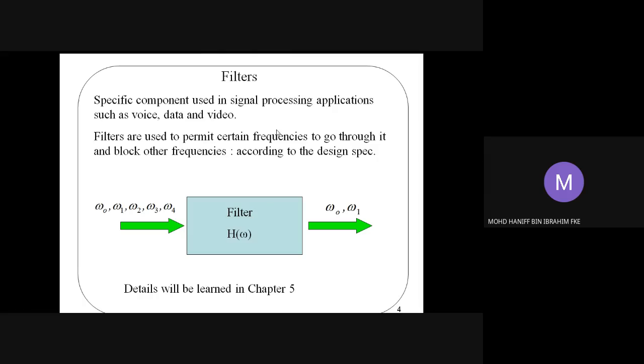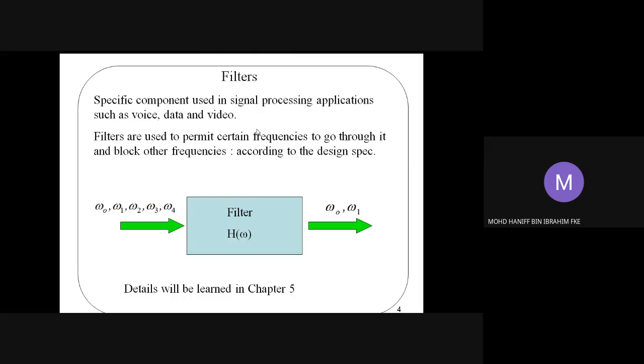Okay, so this is something about filters that I think most or all of you know about. Basically, a filter is a component used in signal processing applications for voice, data and video. Normally we use it for frequency filtering.